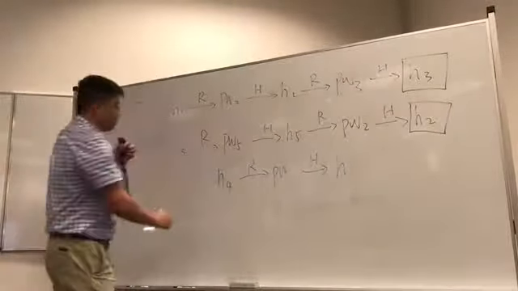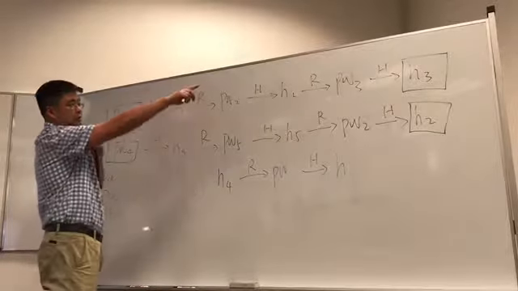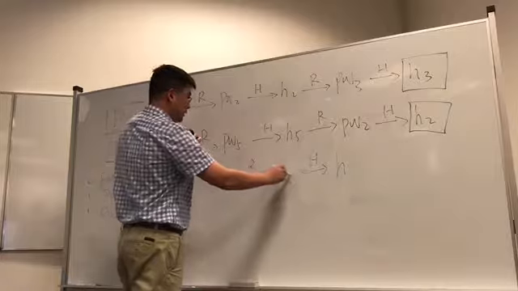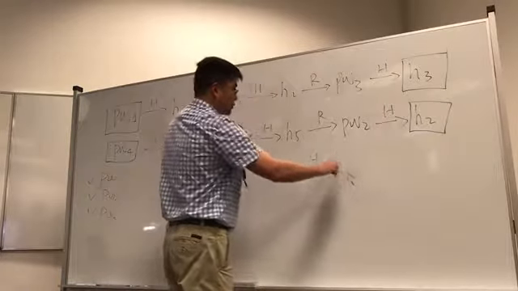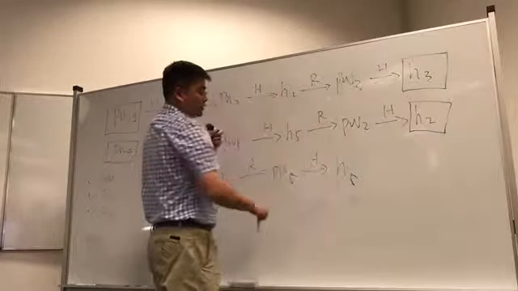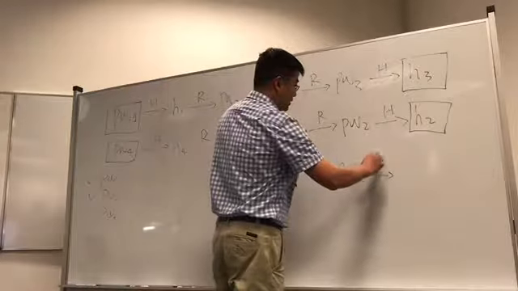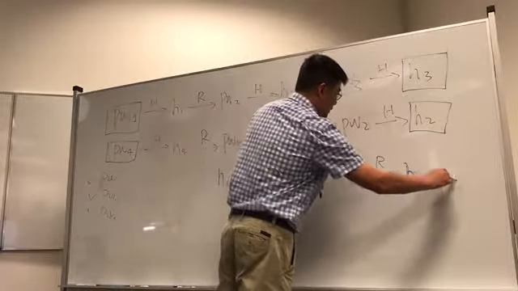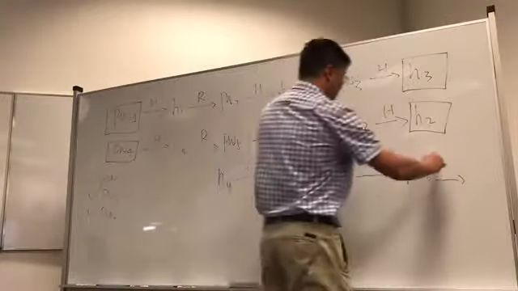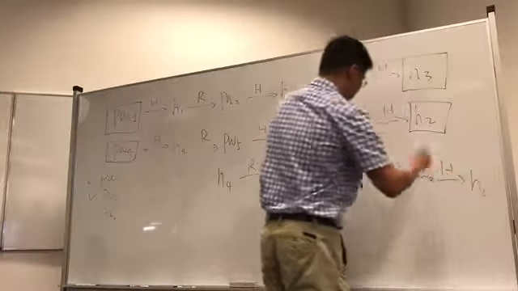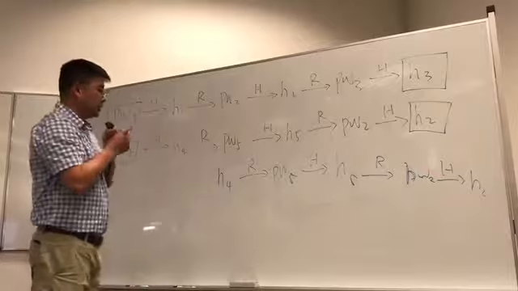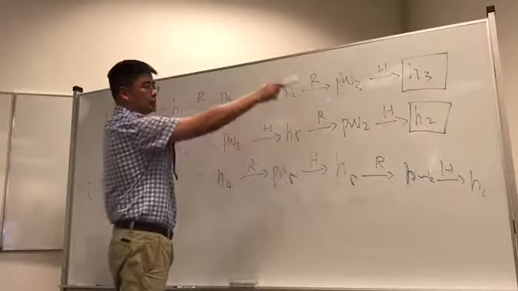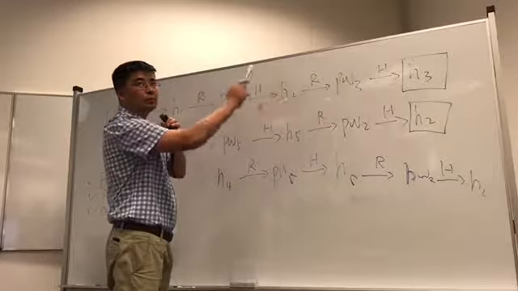H4 is not in the column. You reduce it, you get password 5 and H5. You search again, H5 is not there. Then you reduce it, and you get password 2. Then you hash, and you get H2. So in this case, for a particular hash, you may need to do reduce hash several times until you can find the hash value in the column.